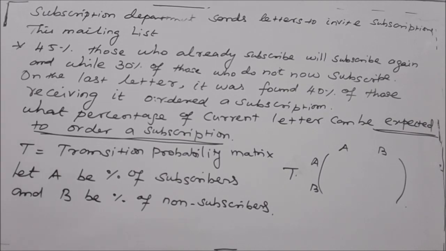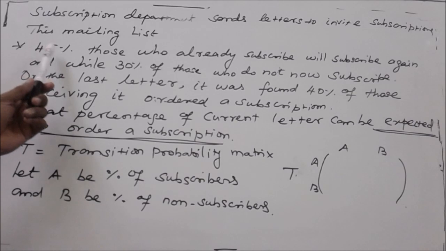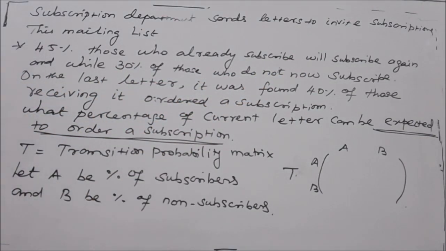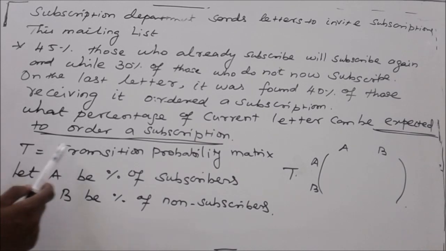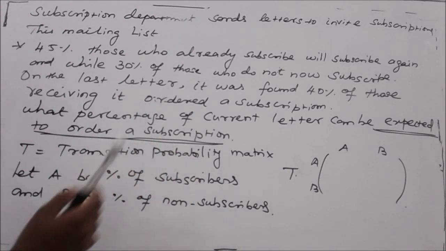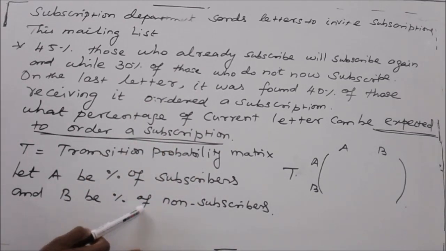Here a transition happened. What is the transition that happens here? 45% of those who already subscribe will subscribe. Now, T is the transition probability matrix. Let A be the percentage of subscribers and B be the percentage of non-subscribers.